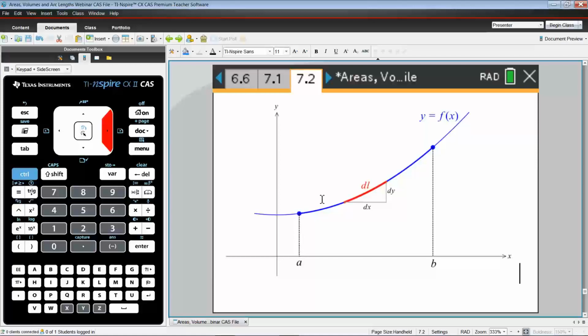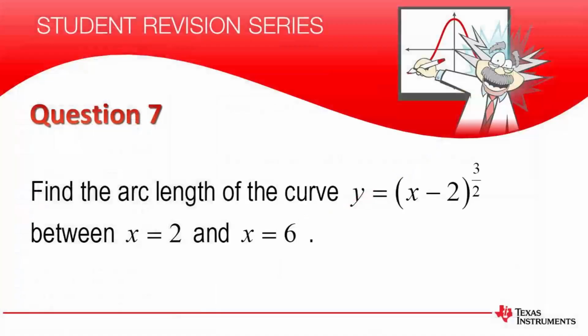So as you go along from A to B, these dl pieces add up together to form the arc length. The derivation is beyond the scope of the course, but it certainly is worthwhile and interesting to have a look at it. Okay, so now let's look at our very final question.